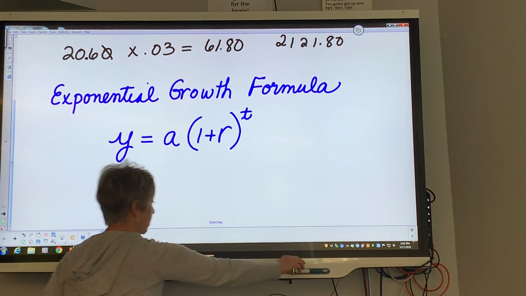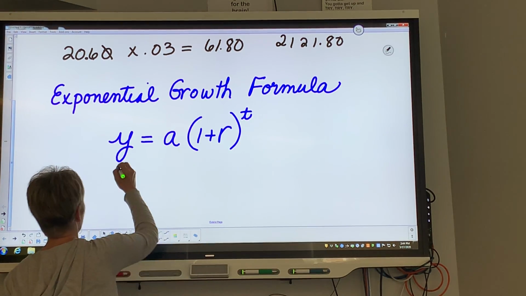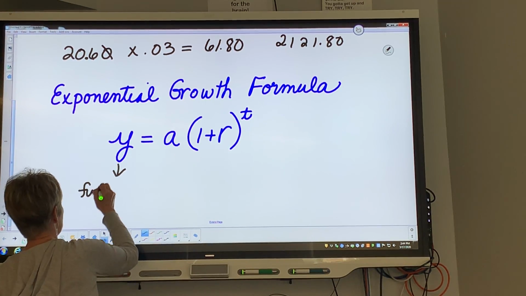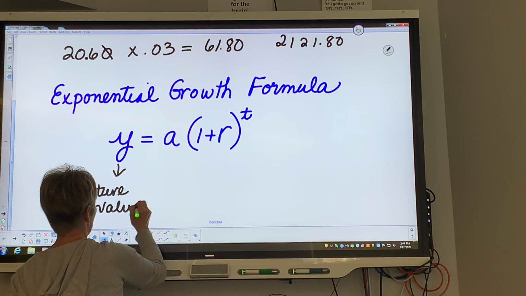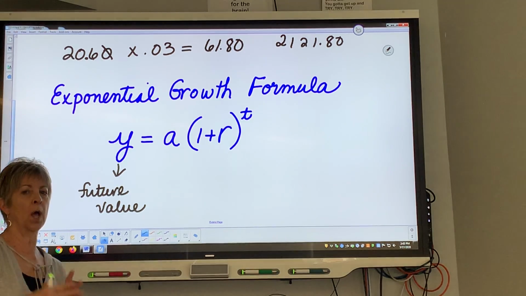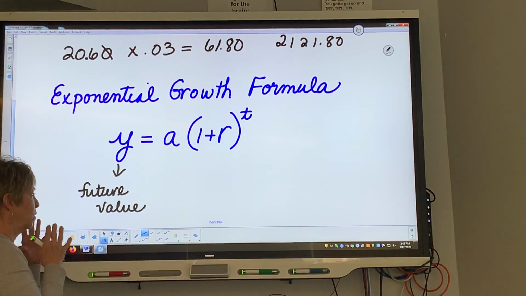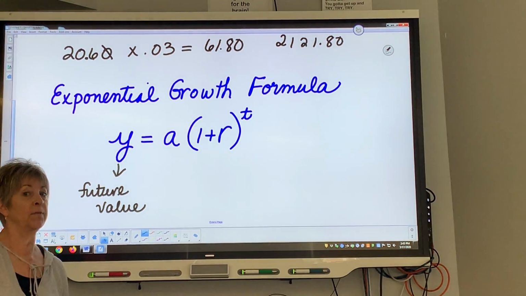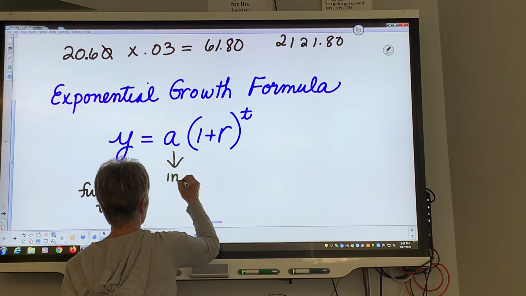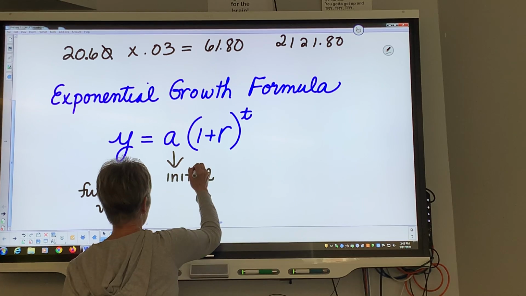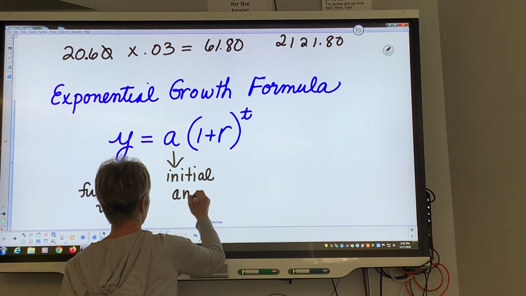Here we go. Y is going to be the future value of your money, including what you started with plus all the interest you're going to get. So basically, the amount you'll have in 4 years. A is the initial amount. How much do you start with?